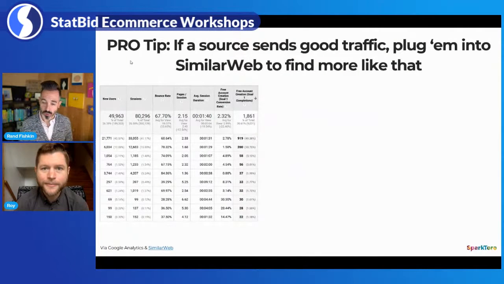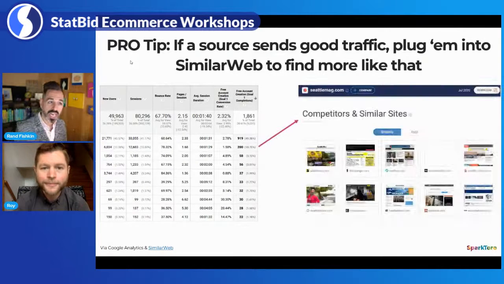If you find a source that is sending you some great traffic, go into your Google Analytics and take a look. Oh yeah, wow, these guys sent me not that many visits, but a lot of them who did come signed up for a free account. That suggests to me this is a very relevant publication. This is influencing the kind of audience I want.